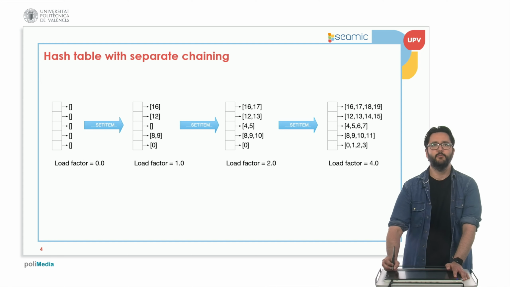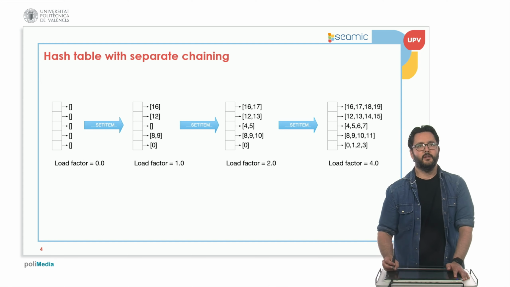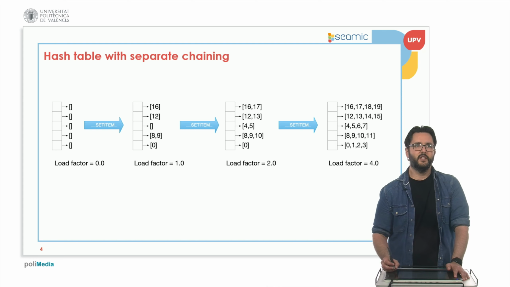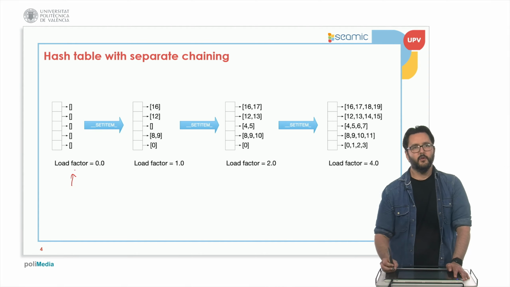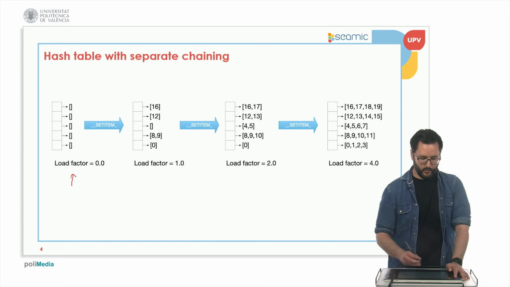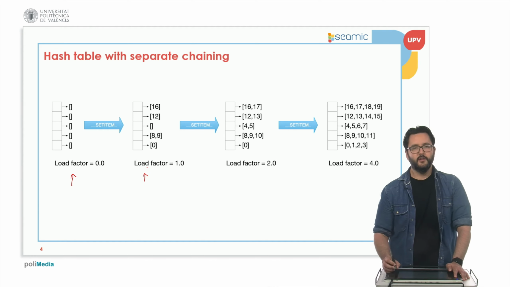Here we have an example of how the load factor evolves. We start with an empty table. With the load factor 0, we can include, for example, 5 elements, then the load factor goes to 1.